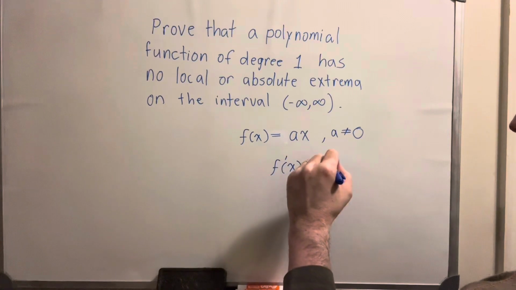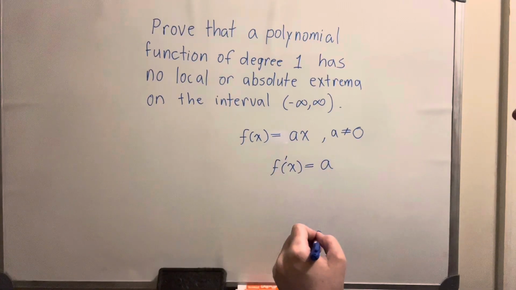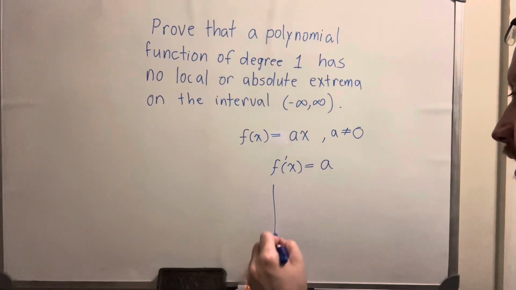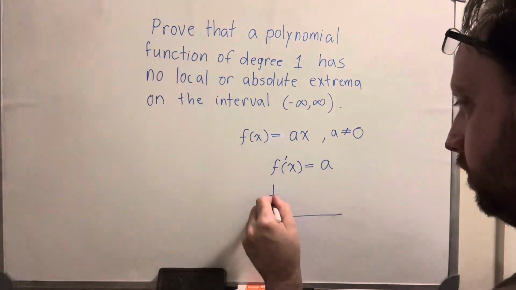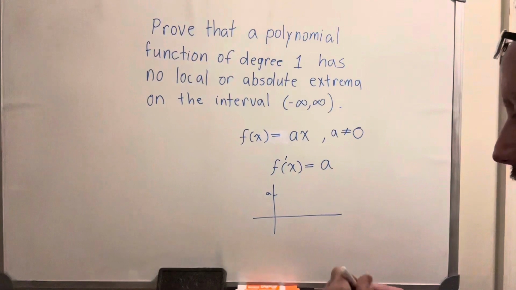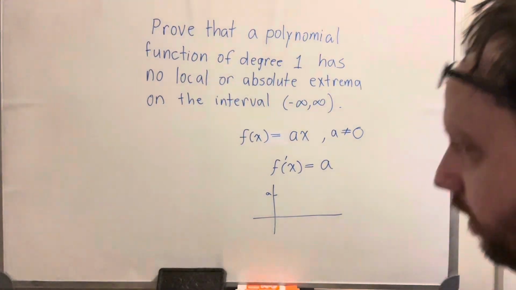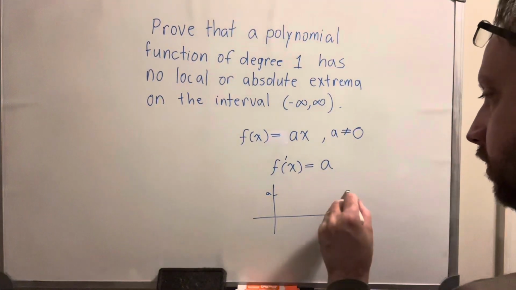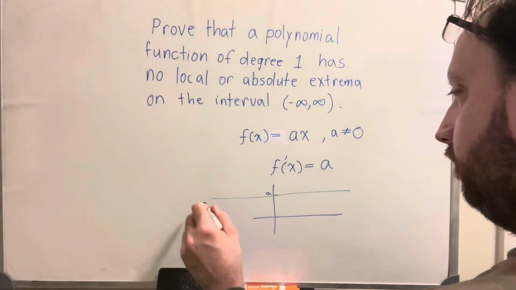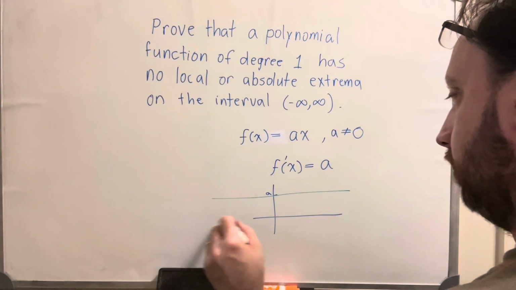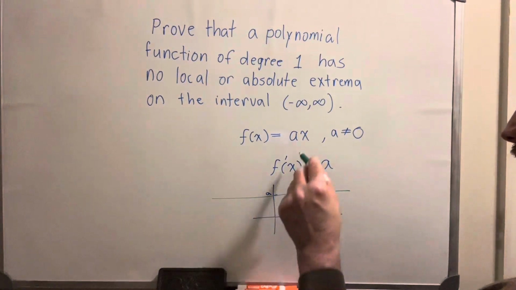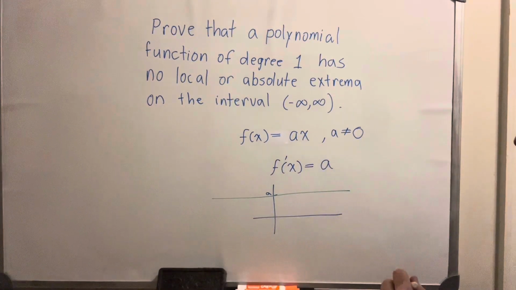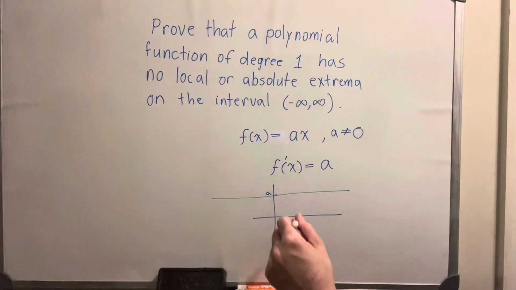This is just the value a. This is a constant function. Let's say that a was right here. Then the graph of a would just look like this. From negative infinity all the way to infinity, for every value of x, the derivative of this function is a.